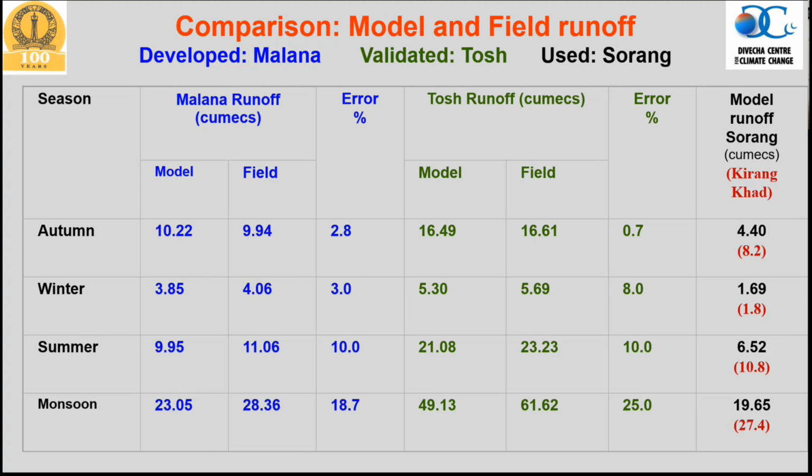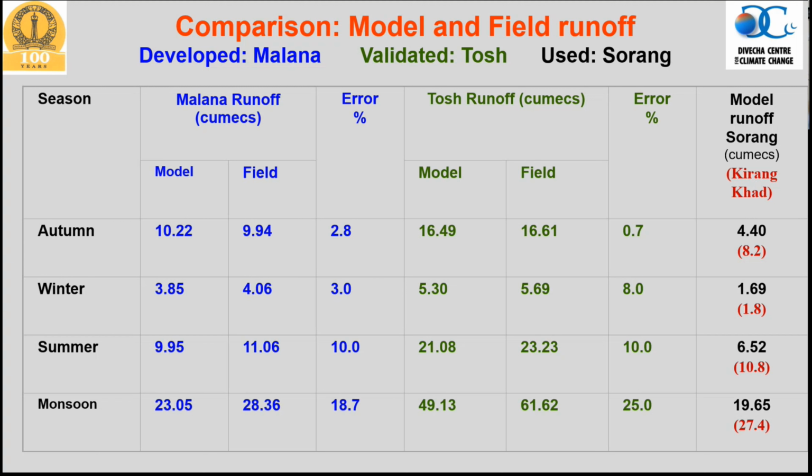We can now do a much more decent job than what was done at that time because of the lack of satellite data. This was validated in Tosh Nala, where the error is also within 10%, except for monsoon time, which is very high, and we did not give much attention to that because monsoon was not on the radar of the electricity board.